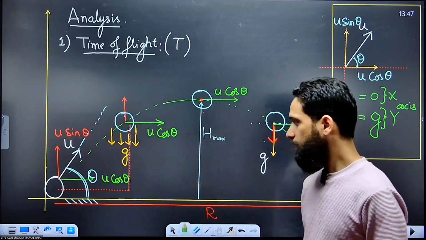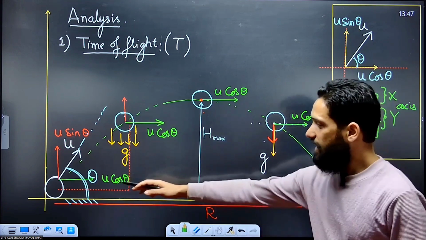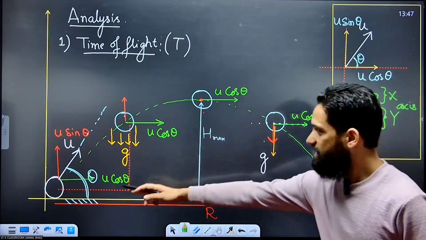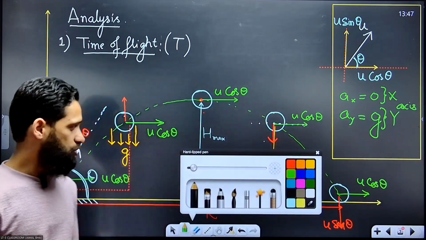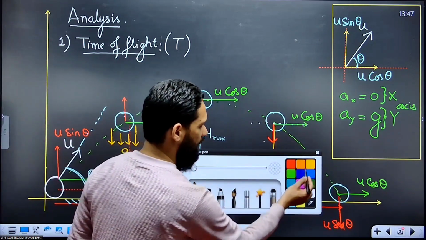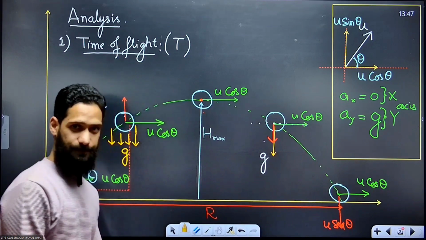Okay, so now let's find out how much time it will take the body to go from this point to this point. This can be well understood by analyzing the body in one axis.